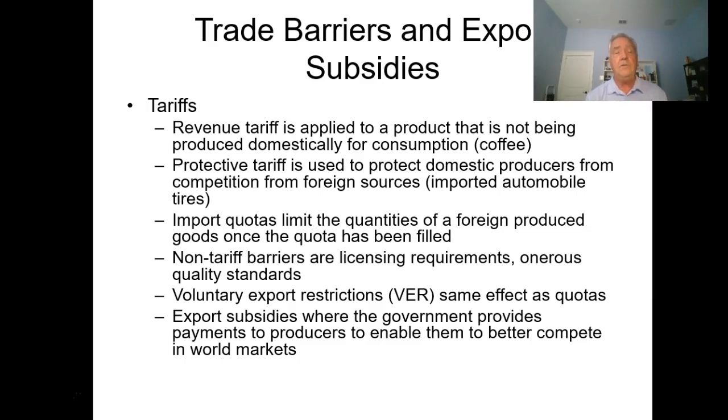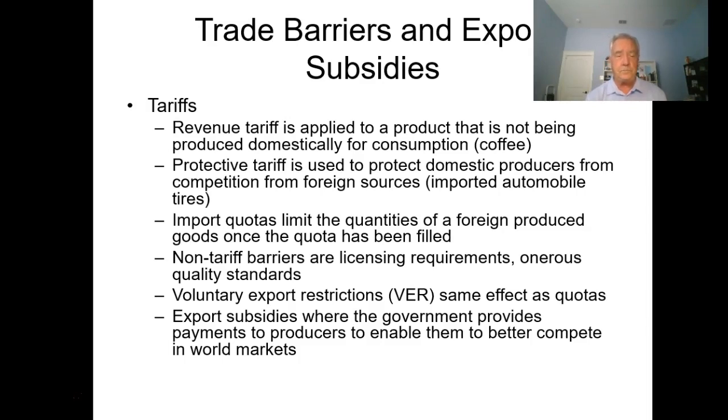There's also a protective tariff, which is used to protect domestic producers from foreign sources, imported automobiles, tires, for instance. It's very important for Firestone to be able to protect their business. So protective tariffs at one time or another have been put in for automobile tires.